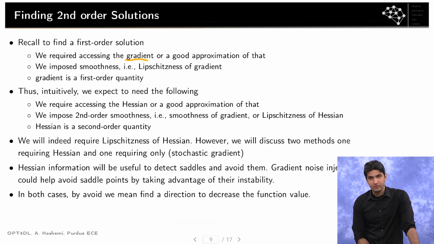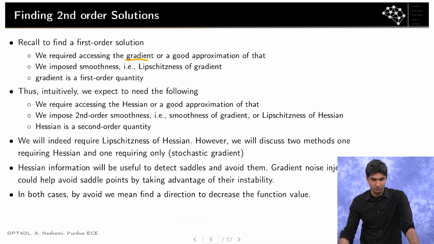We imposed a smoothness of the function, which basically meant that the gradient is Lipschitz. And note that the gradient is a first order quantity. So when we were interested in first order solutions, we imposed requirements on first order information.